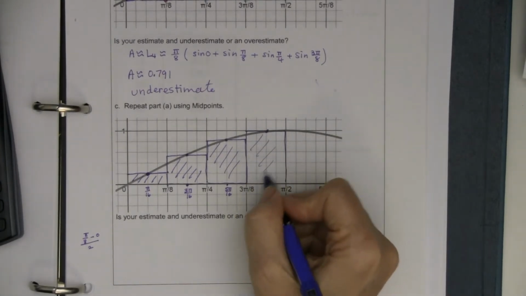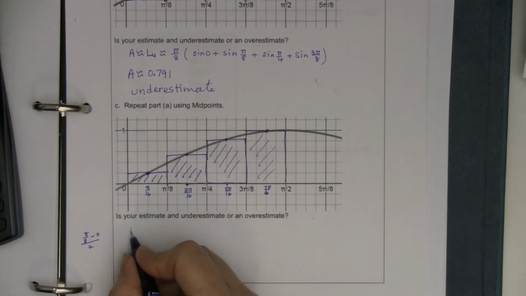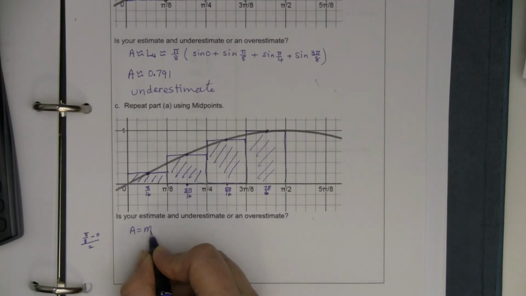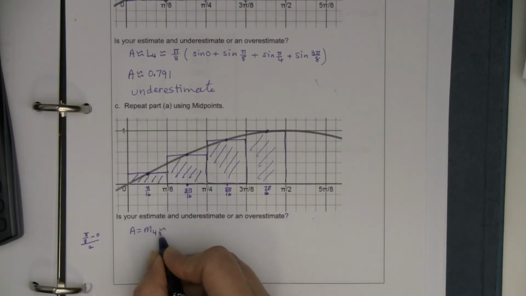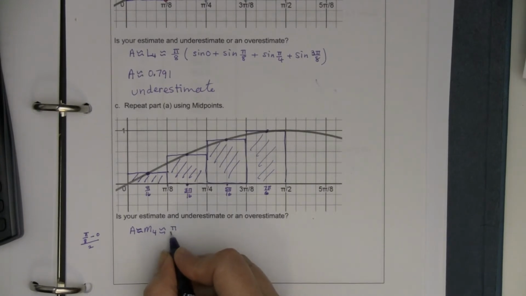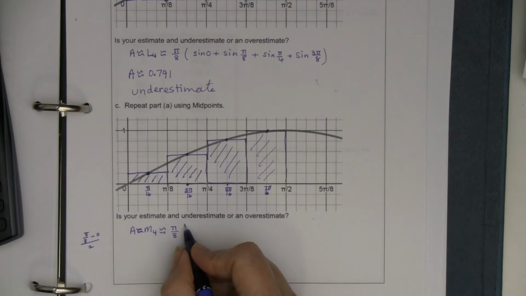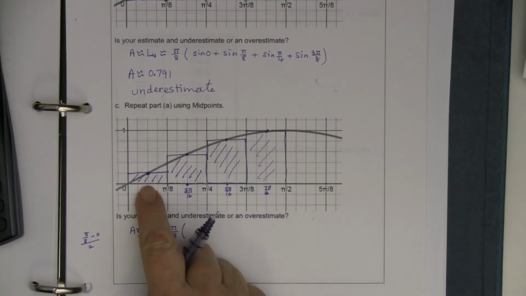Okay, now we're going to find the area under those 4. And that area, also called M4, is approximately equal to pi over 8, that's how wide the rectangle still is, and then times the height of each rectangle, right? And I'm factoring out a pi over 8.